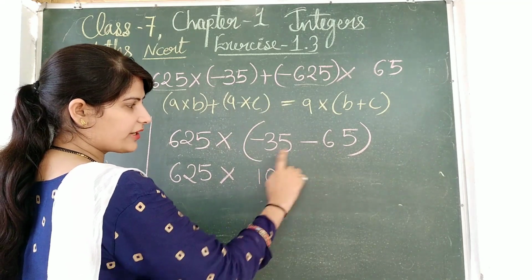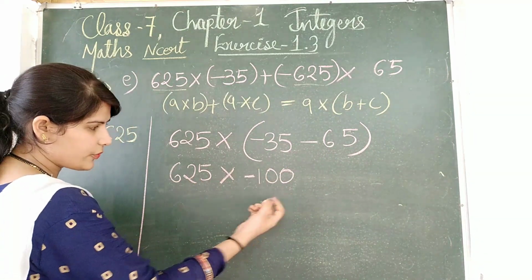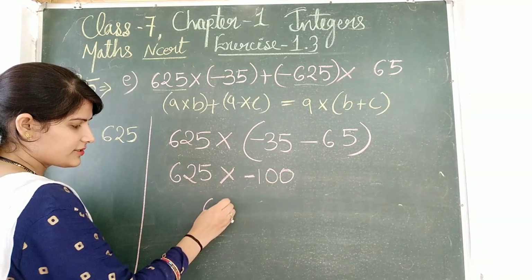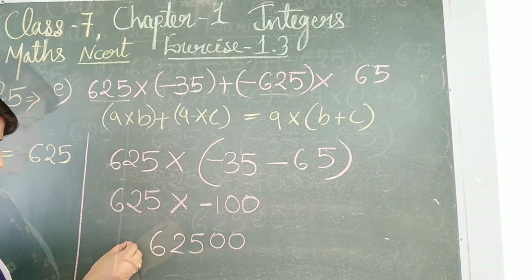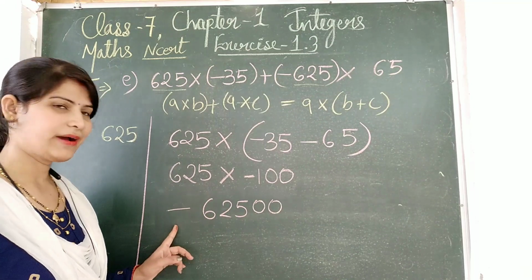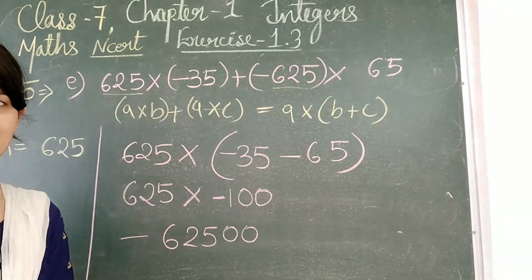And the sign will be of the greater digit, so minus sign. Now 625 into 100, we will get this, and apply the minus sign here. So property makes our sums very easy.